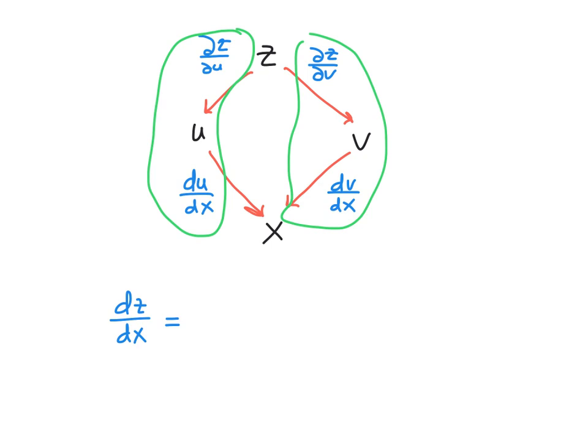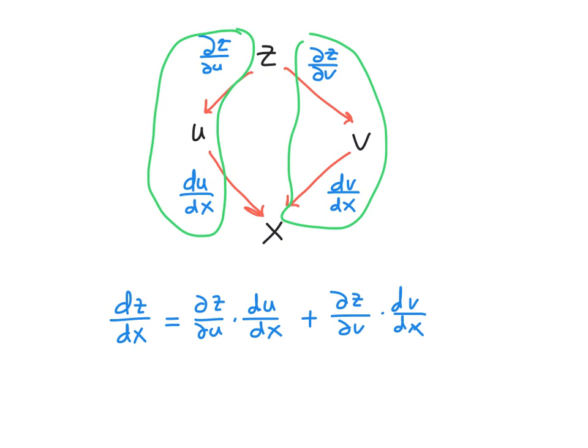So to get the derivative of z with respect to x, we follow each of these two paths and then add them together. That results in del z del u multiplied by du dx. Then we add to that the other possible route down, del z del v multiplied by dv dx. And this is precisely the chain rule that was written on the previous slide.